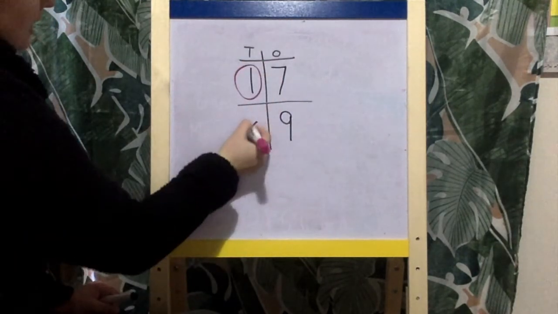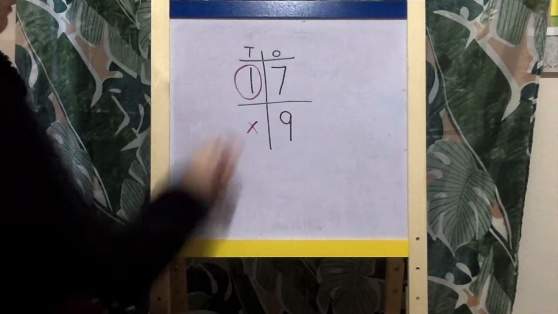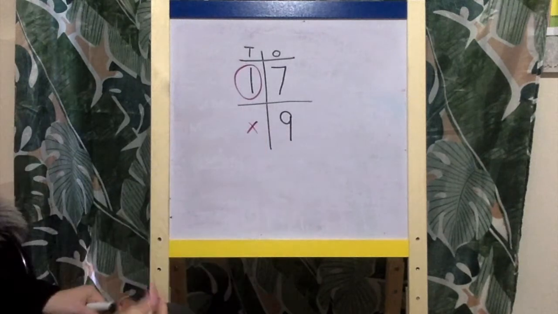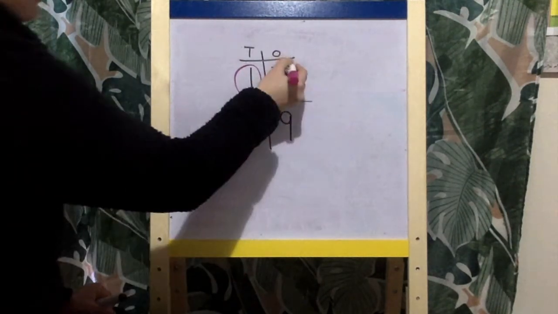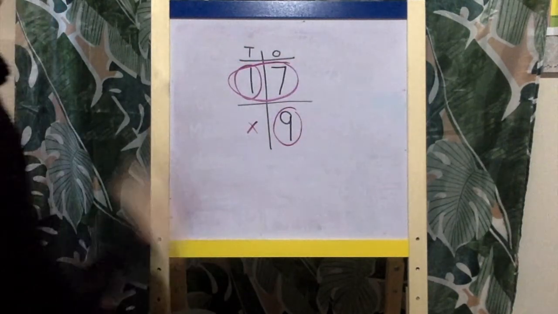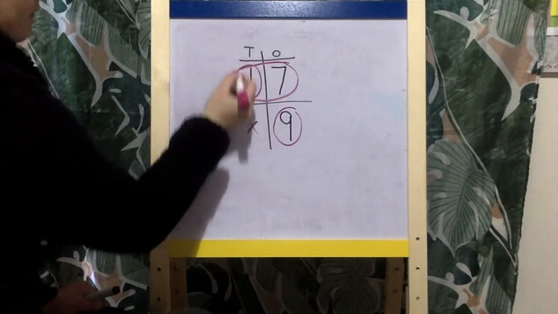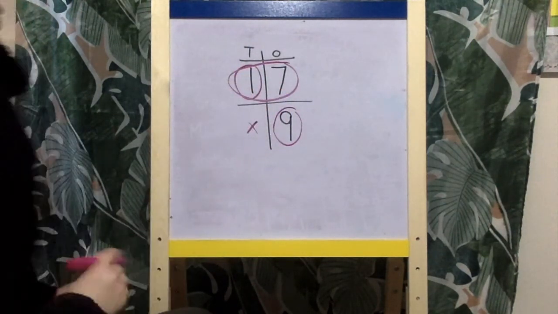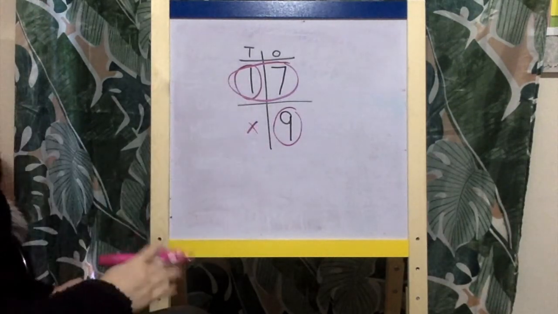Now in the 9 we didn't have anything in the tens. So which number is bigger? 1 or nothing? It's 1. So we know that 17 is bigger than 9, not only because it has 2 digits, but because the value is bigger than the value here. There is no value here. There's nothing. There's 1 here.